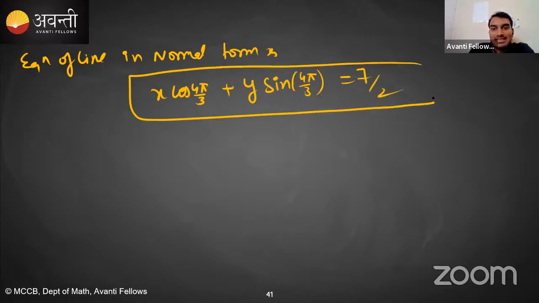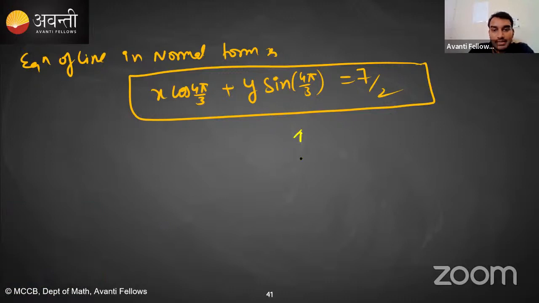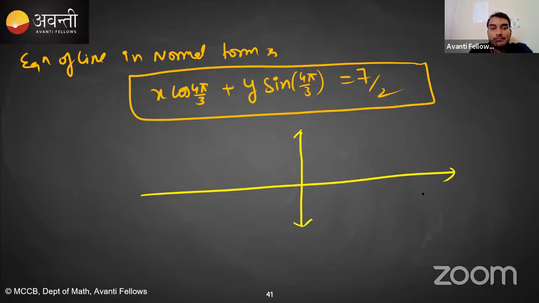So directly you can say that this is the equation of a line which is making 4 pi by 3, which has the distance of 7 by 2, and the perpendicular is making 4 pi by 3 angle with the line.